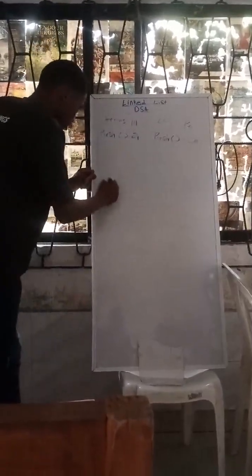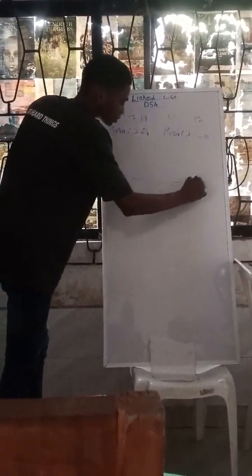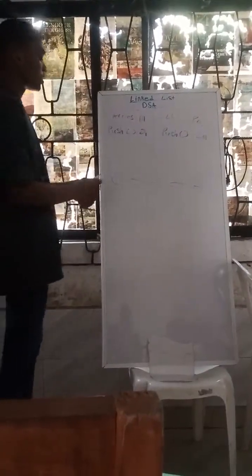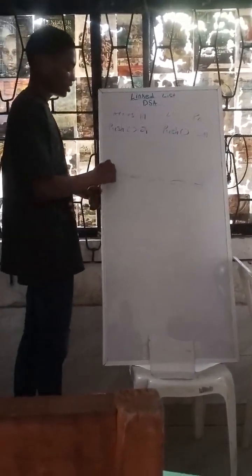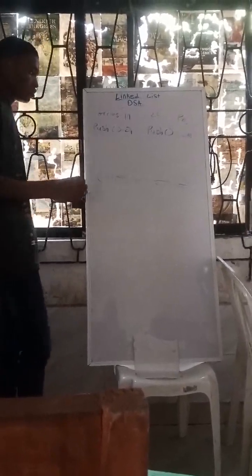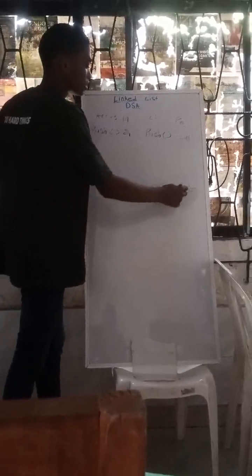So in your linked list, let's say you have 5 nodes. And remember, a linked list always starts from the beginning, which is the head node. You want to add a new node to the back of our linked list.